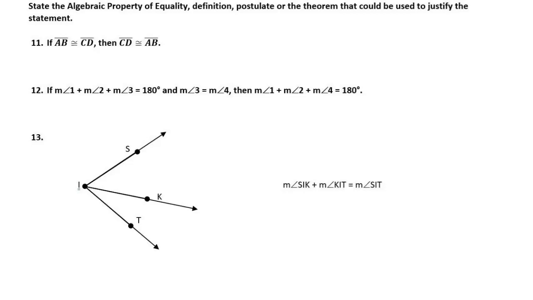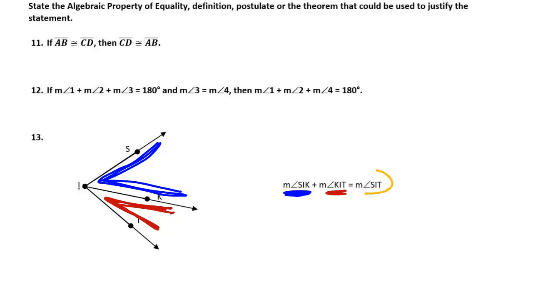All right, so 11 through, I don't remember, like 19 or 11 through 20 are all stating the property that's being used. Number 13, we have the measurement of angle SIK. That's this piece right here. Plus the measurement of angle KIT. That's this piece right here.